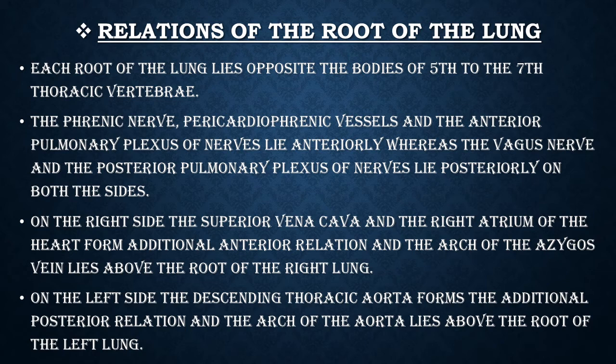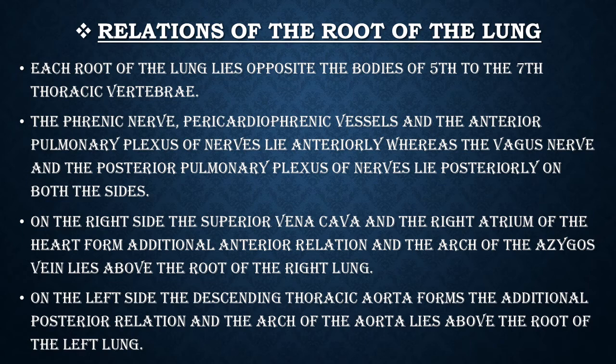The phrenic nerve, the pericardiacophrenic vessels and the anterior pulmonary plexus of nerves lie anteriorly, whereas the vagus nerve and the posterior pulmonary plexus of nerves lie posteriorly on both sides. The pulmonary ligament lies inferiorly on both sides.